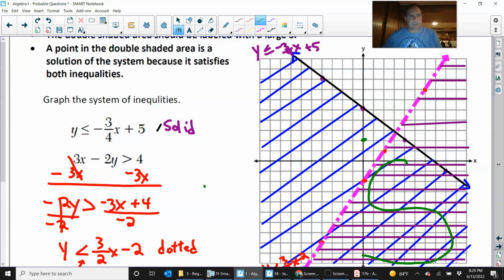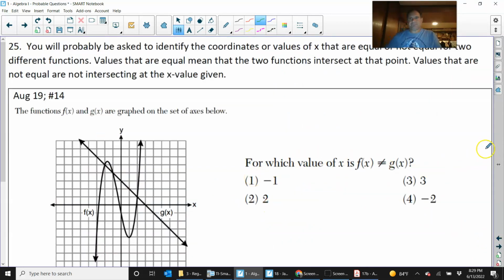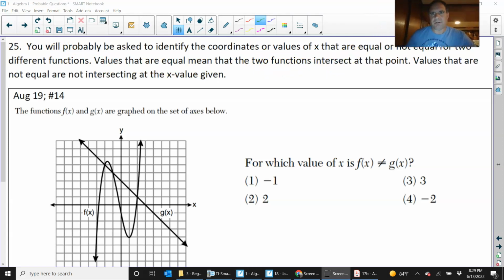All right. Let's go and get this going. So, number 25, you'll probably be asked to identify coordinates that are equal or not equal for the two different functions. Values that are equal mean that two functions intersect at a point. Values that are not equal, they are not intersecting at a given value. So just remember, we're looking at the values right here, right here, right here, and those are equal.